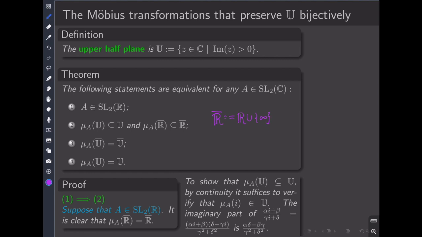It preserves U, but you cannot really move vertically, because you still have to preserve these and they are continuous. U bar is preserved, again bijectively, and U is preserved bijectively.